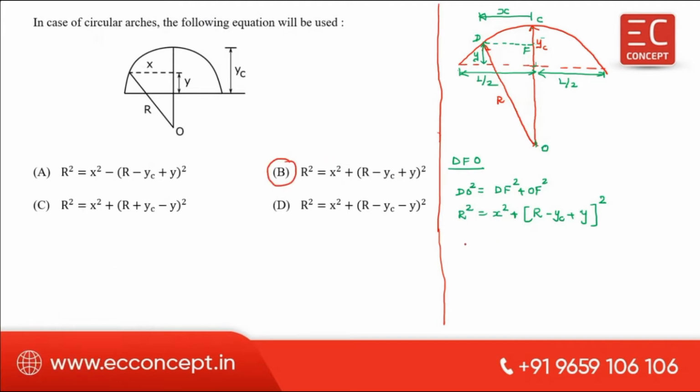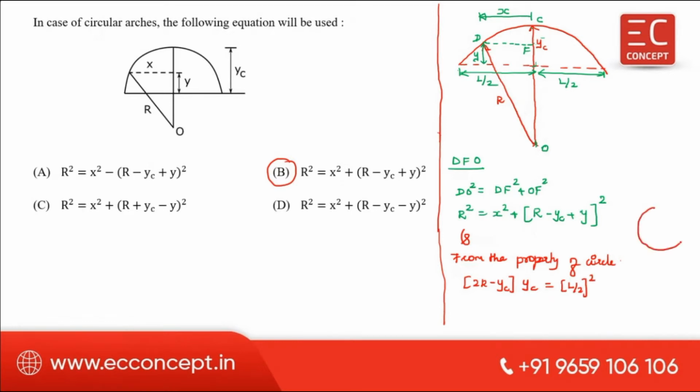One more formula we can write from the property of a circle: 2R minus YC, into YC, is equal to L by 2 the whole square.